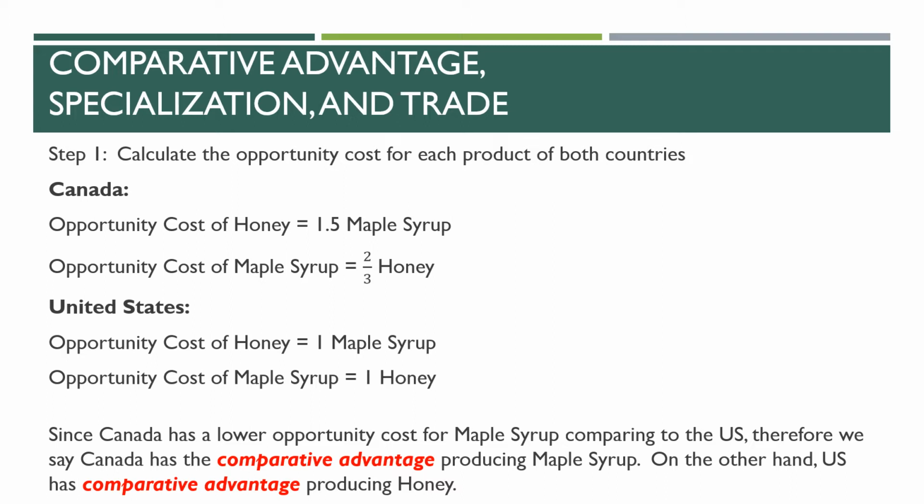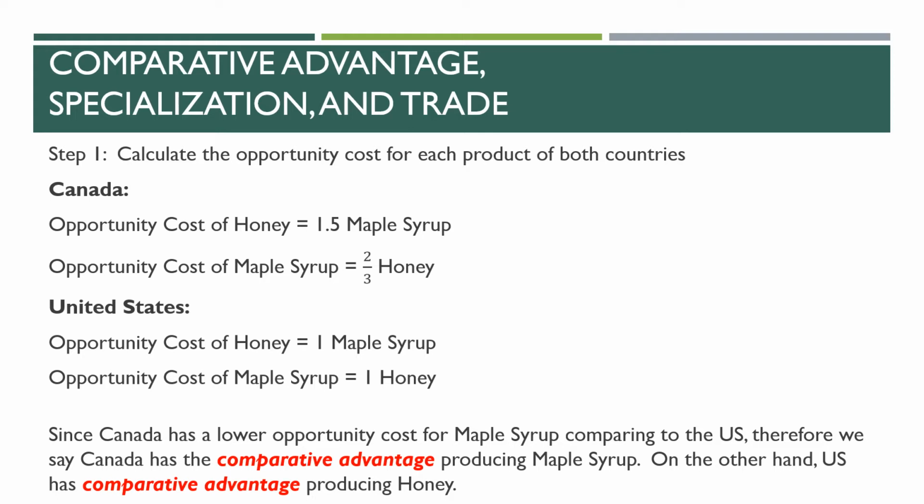Keep in mind, the term comparative advantage here is not demonstrating which country can produce more honey overall or more maple syrup overall. This comparative advantage is the comparison of the opportunity cost in the productions between the two countries. So that is one very important thing to note.